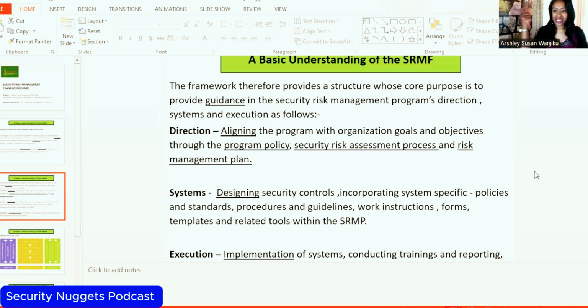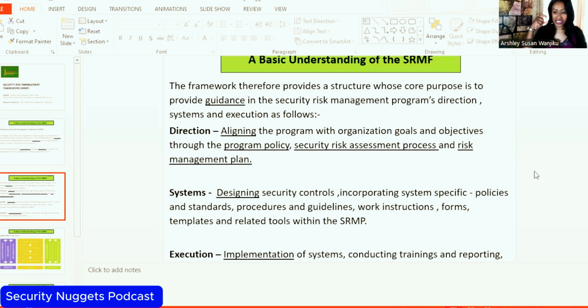Here we are more specific on the roles: who is going to play what role in designing the systems and implementing them? What are the timelines, the execution phases? How is the resource allocation? What budget are we looking at? Are we going to need to outsource expertise? All that is planned out and laid out in the risk management plan.